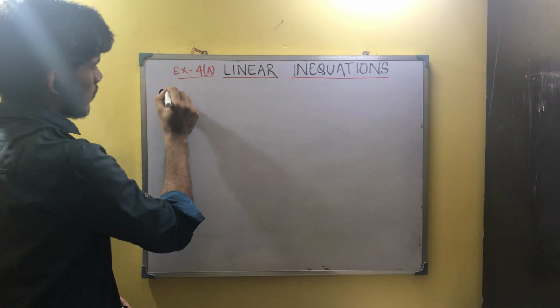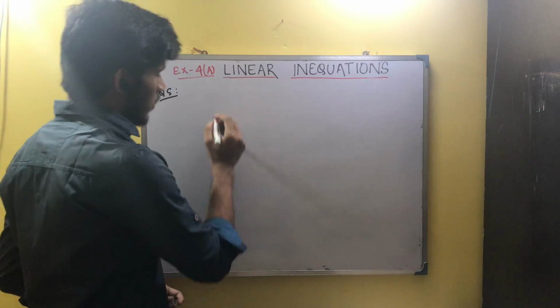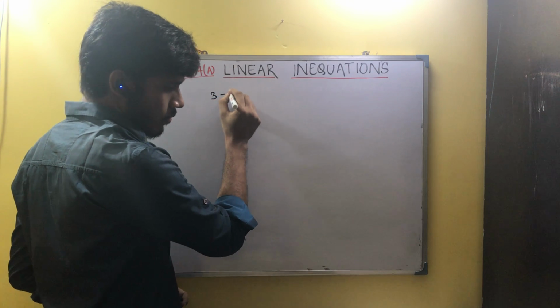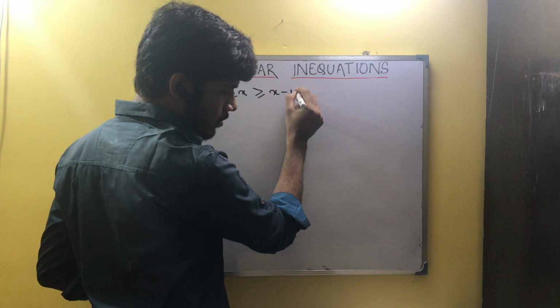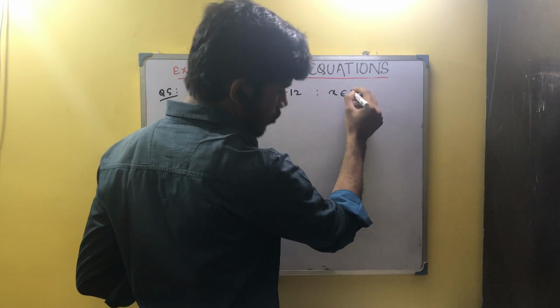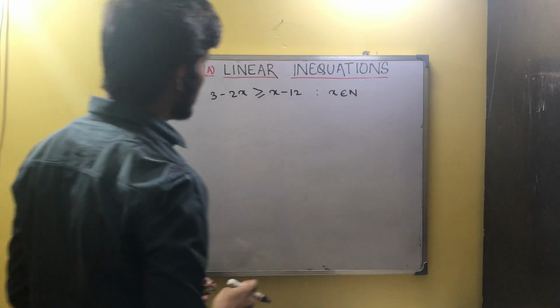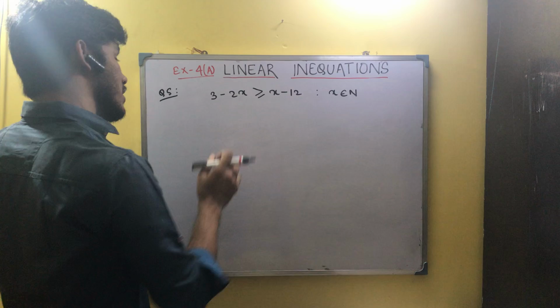We got 3 minus 2x greater than equals to x minus 12, given that x belongs to natural numbers. Again, our replacement set is what? x belongs to natural numbers, and we have got to solve this.